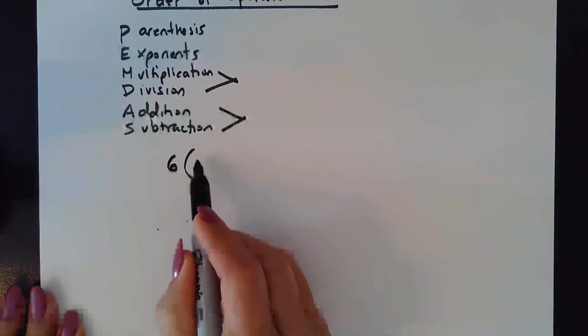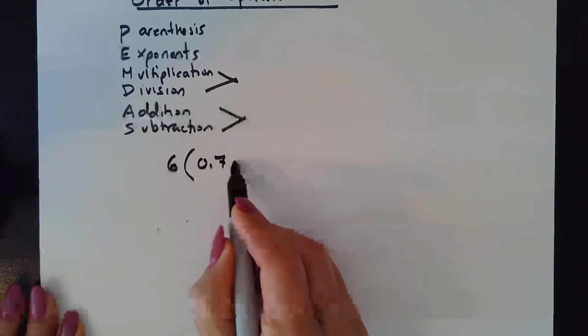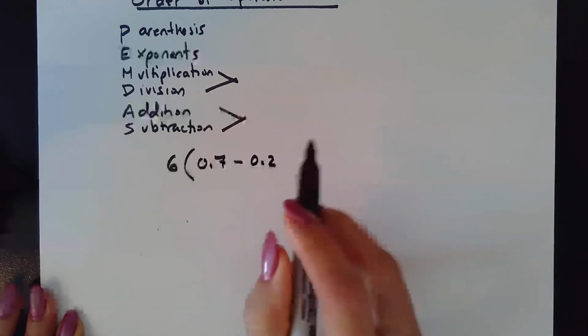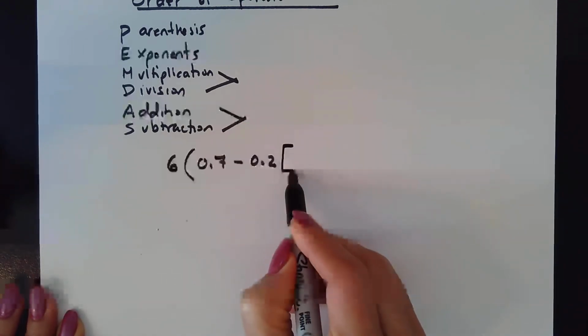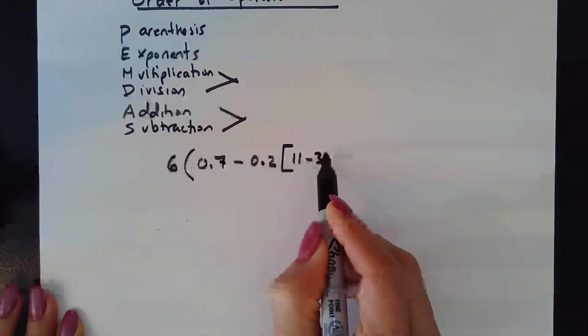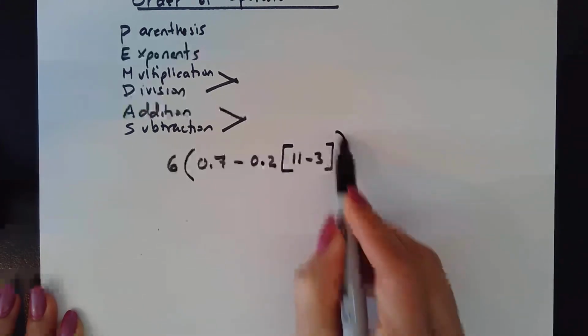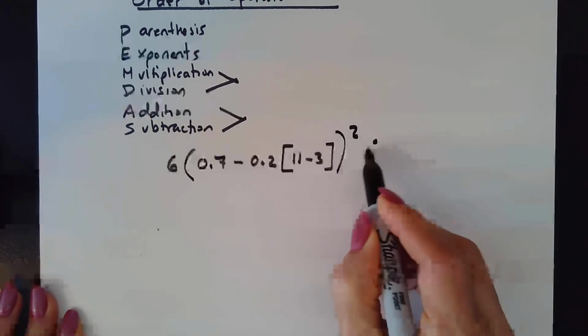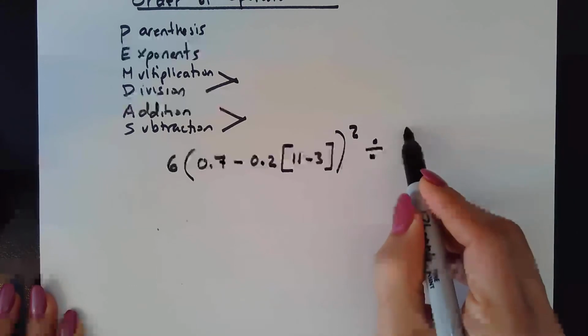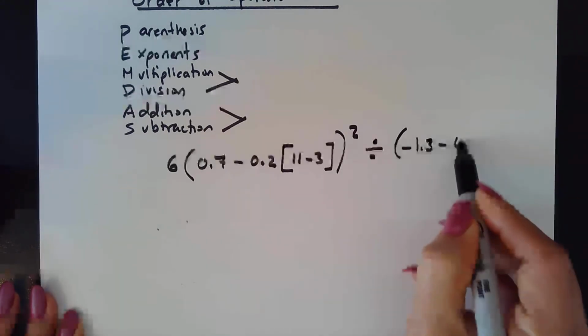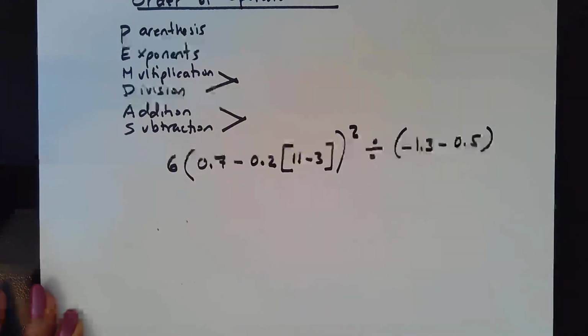You have 6 times 0.7 minus 0.2, and I'm doing all these problems from the workbook, and then 11 minus 3 in a bracket, and then close parentheses 2, and then this is divided by negative 1.3 minus 0.5, okay? So here you definitely want to use a calculator, right?